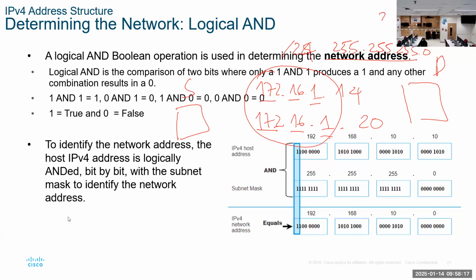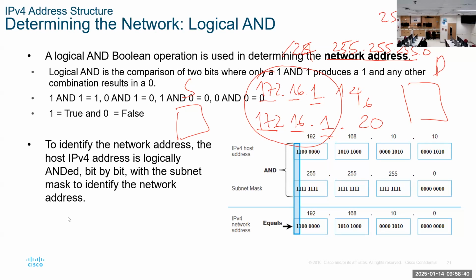But if I have 255, 255, 255, and then 252, it is not the same anymore, because 252 only supports 4 addresses. From here you have 6, so not the same.